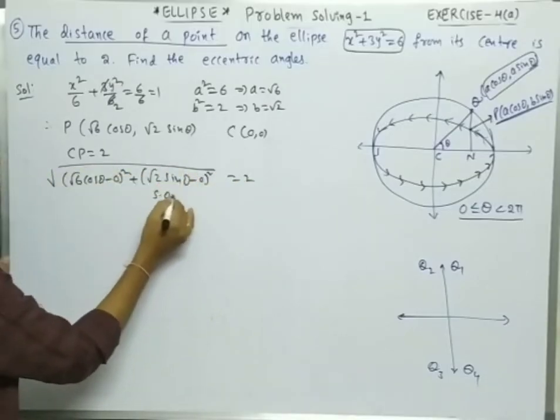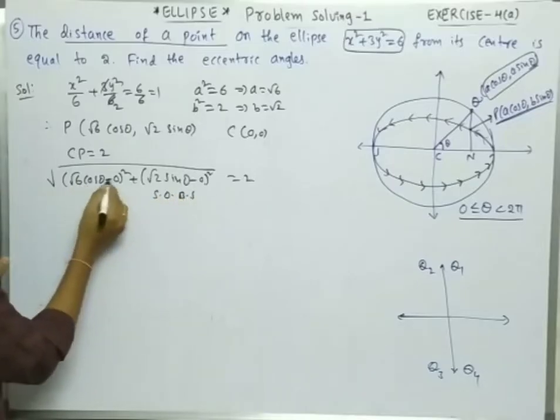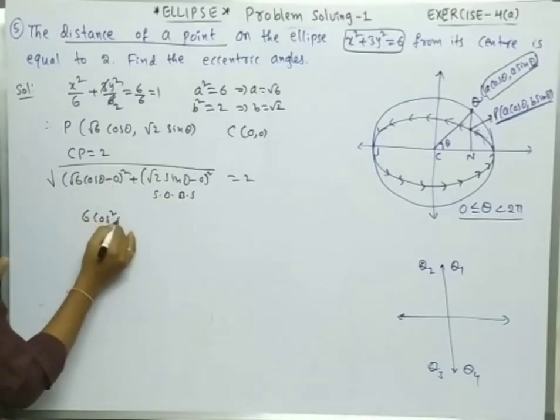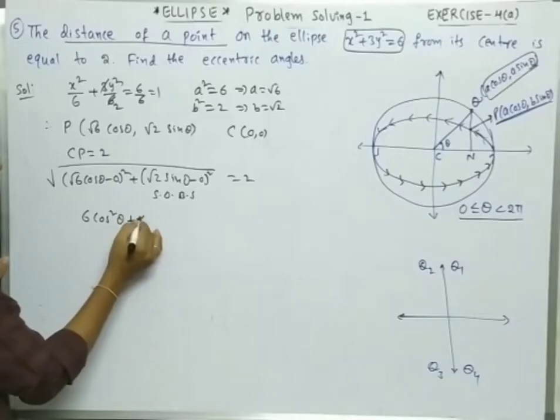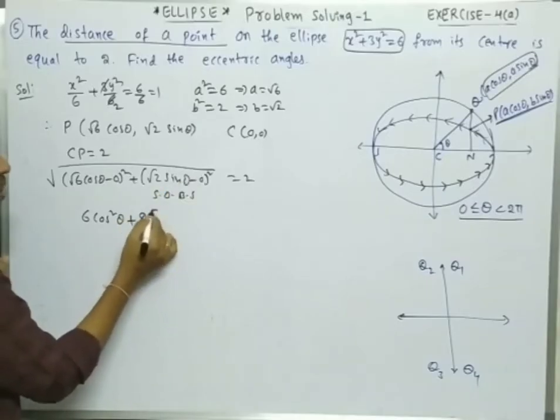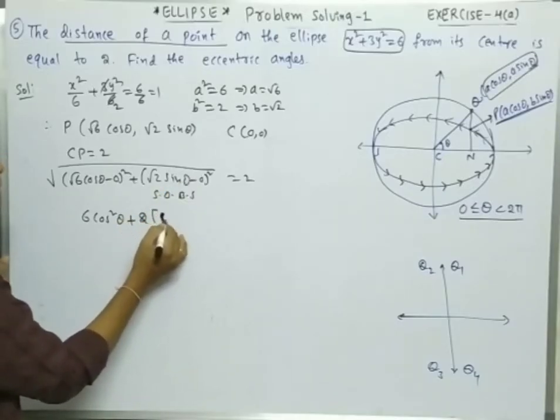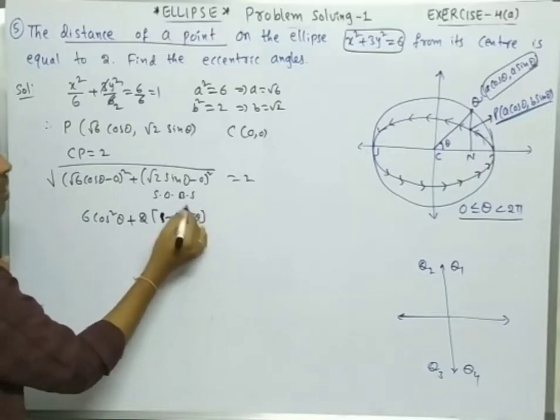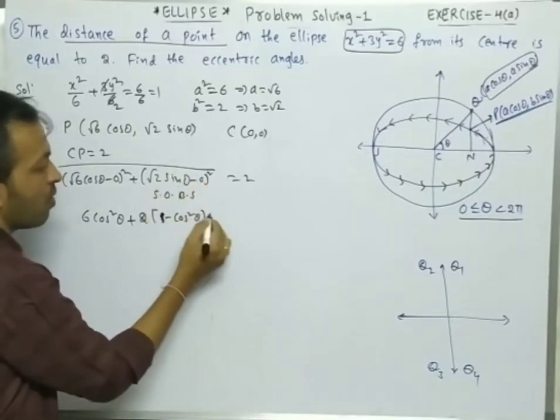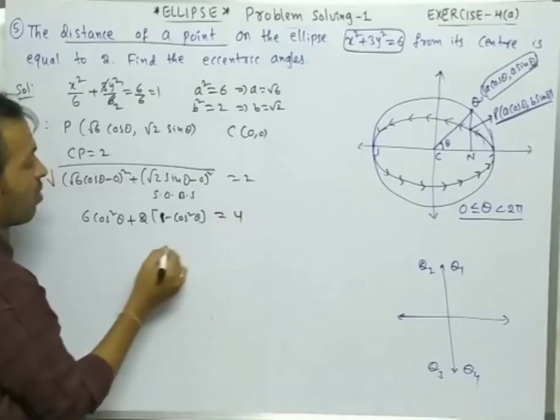Squaring on both sides, you will get root 6 cos theta whole square means 6 cos square theta plus 2 sin square theta. Convert sin square theta as 1 minus cos square theta, is equal to 4.